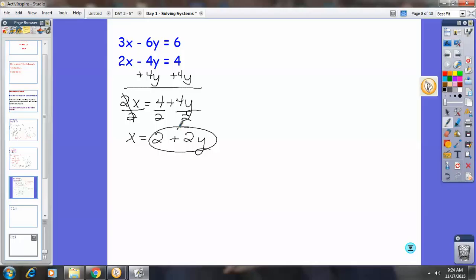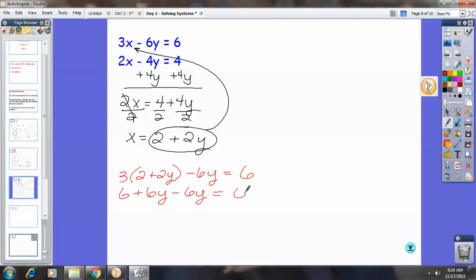I'm going to put that into the other equation for x. We do have to distribute the 3, so we have 6 plus 6y minus 6y is 6.